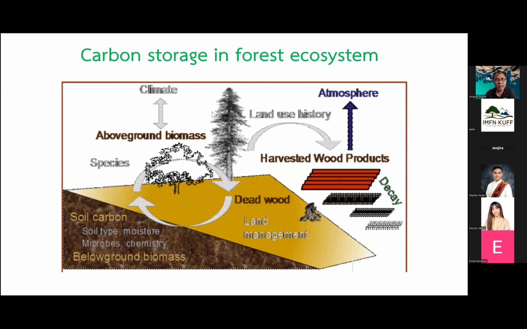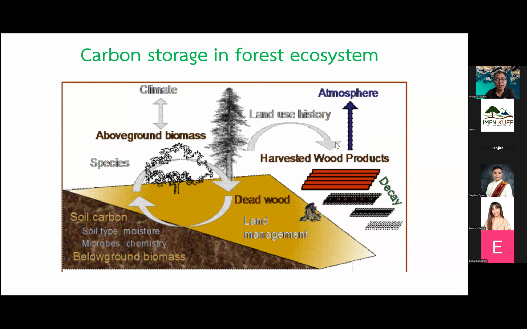But not only will the carbon be kept in the forest ecosystem, in the tree, either above ground or below ground. When we have tree respiration and the standing tree, a lot of carbon also will be kept in the soil.